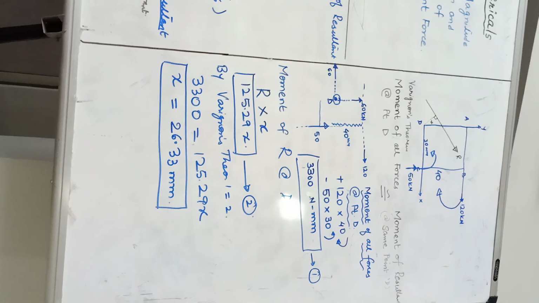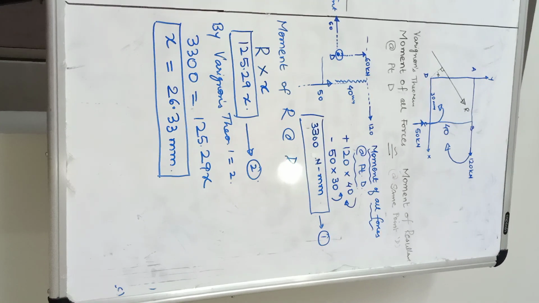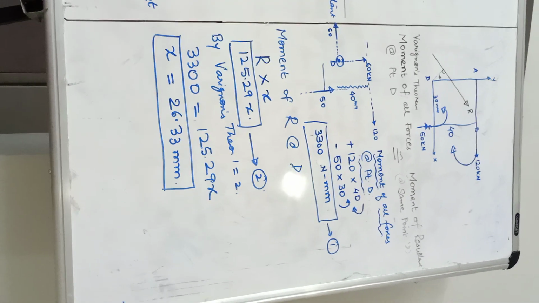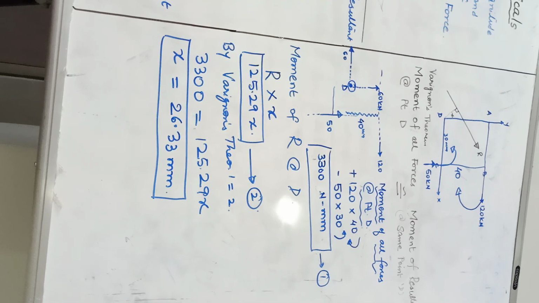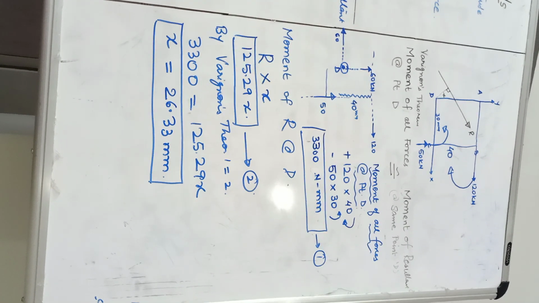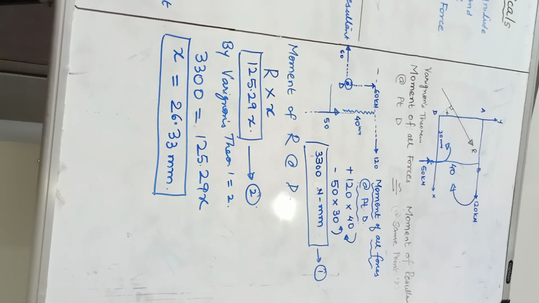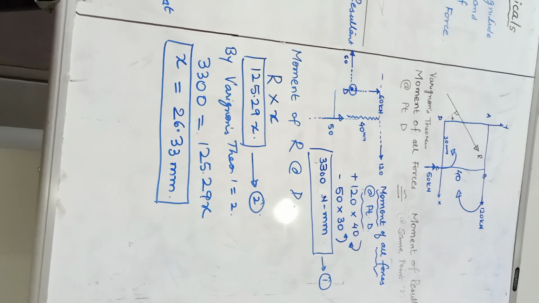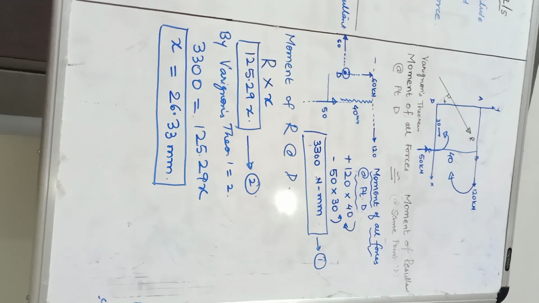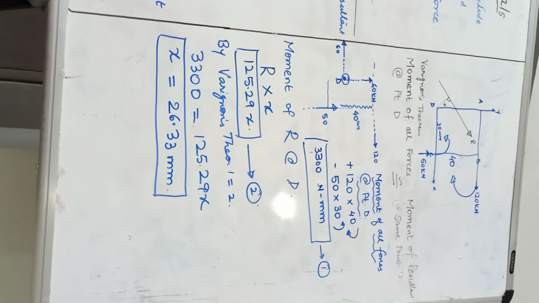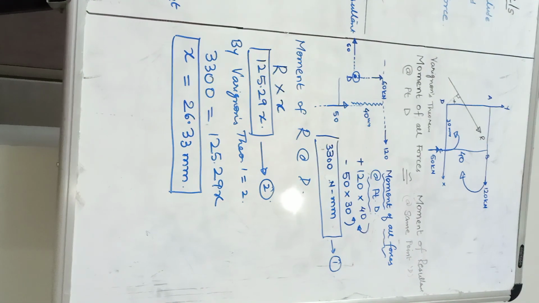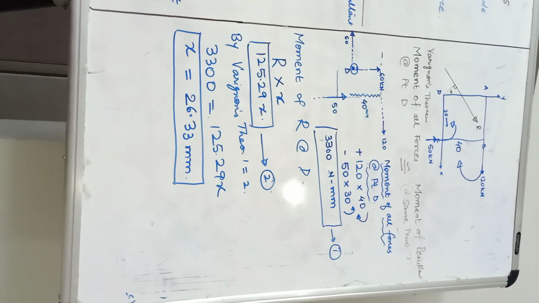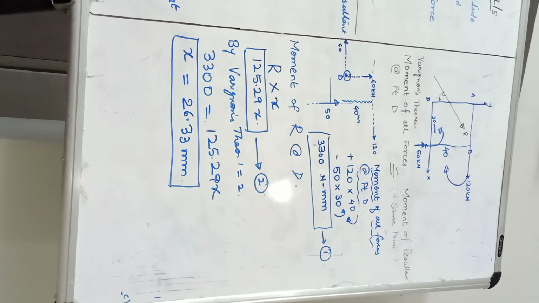And the last is to find the position. We have to use Varignon's theorem. We have to take the moment of all the forces about a point, and the moment of the resultant force. Before that, we have to find in which quadrant our resultant is lying. As the horizontal component is positive and the vertical component is positive, the resultant will lie in the first quadrant.